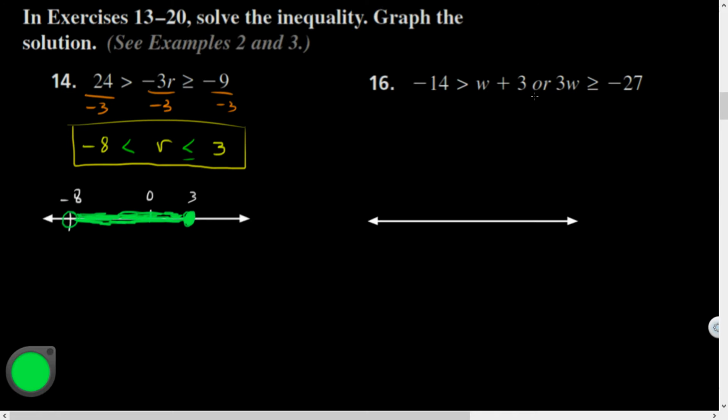Okay, and then for ones where you have an or, I would suspect these are going to be shaded away. And to solve an or inequality, you just solve this side and then you solve that side. You deal with them separately. So to get dubs by itself, how do I deal with that +3?